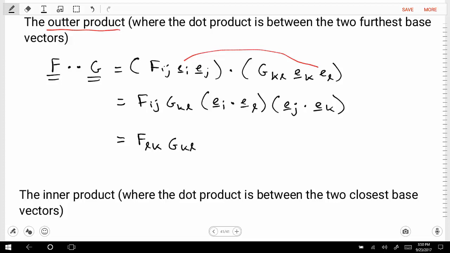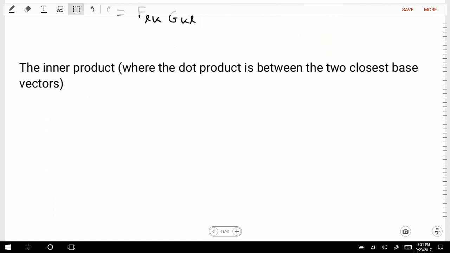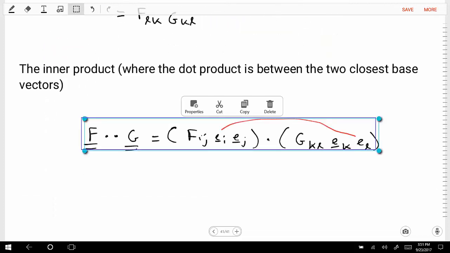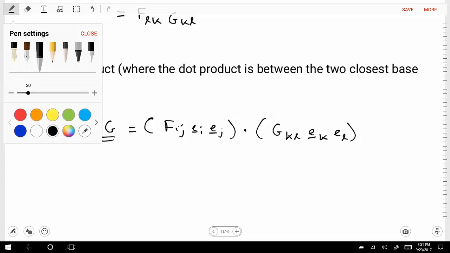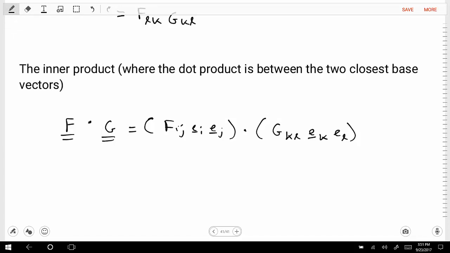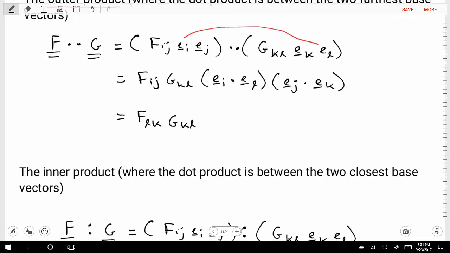Okay? Now let's repeat this process for our inner product. Let's copy, paste. Our inner product was denoted by dots above and below each other. Let's also correct that on this one.